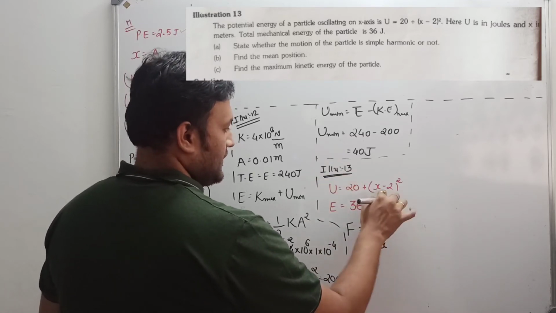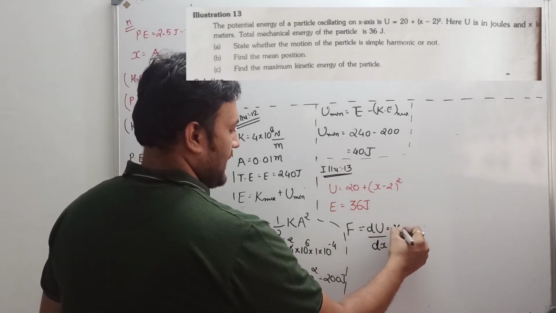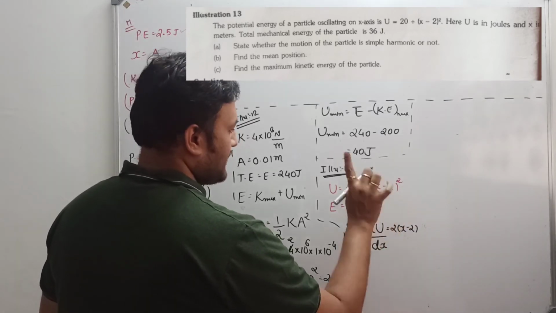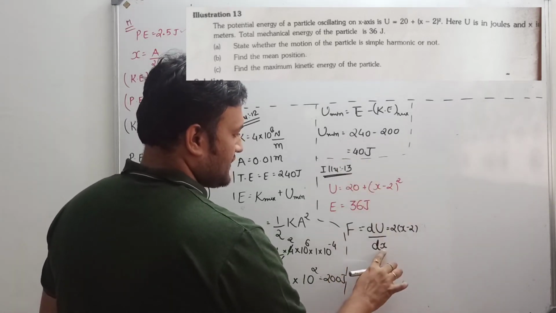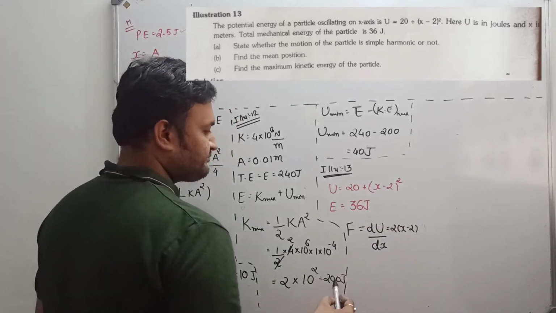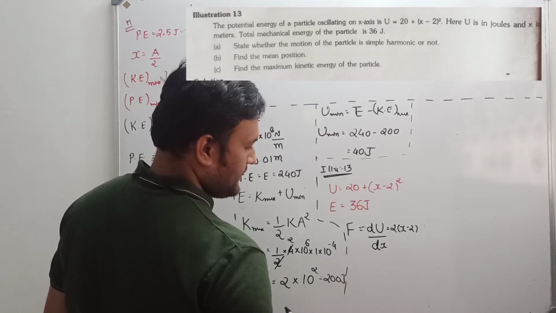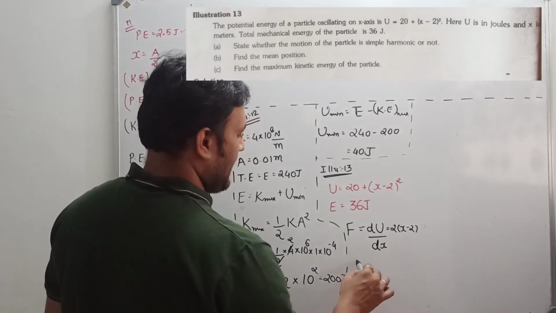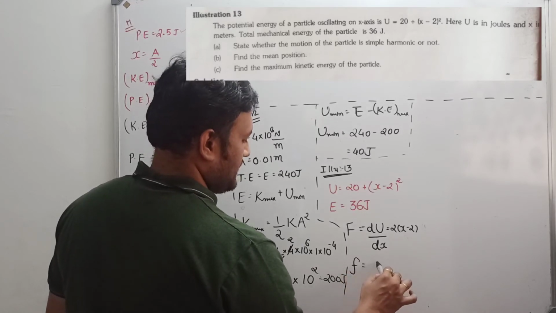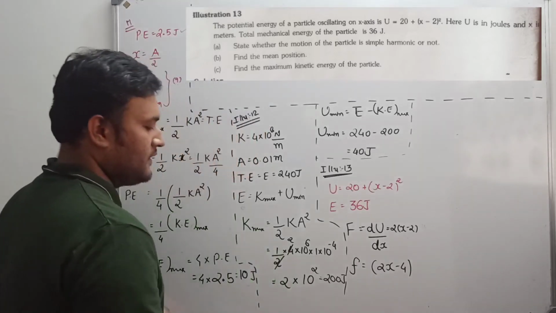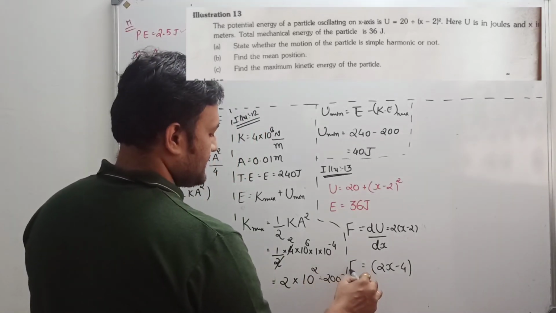Here 2x minus 2, and differentiation of these terms, this one is 1 because x with respect to x is 1, this one is 0. Okay, so F is equal to 2x minus 4. Okay, this is the equation of force.